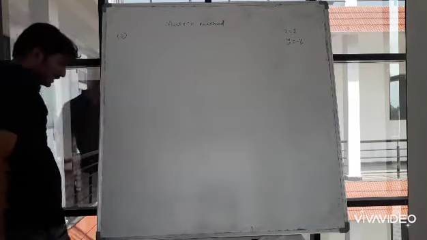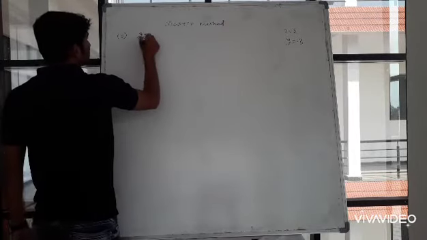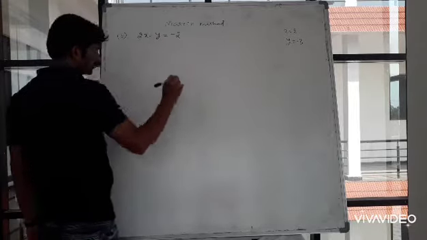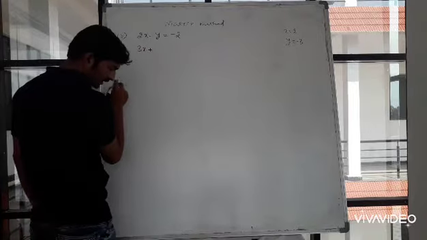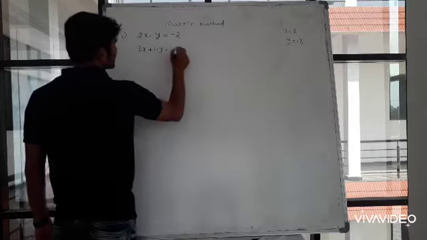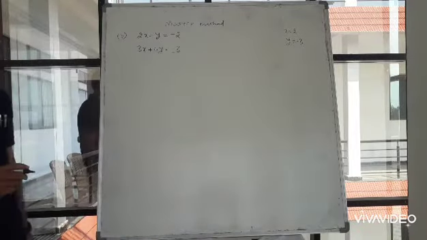Example number 8, it is also the same type. 2x minus y is equal to minus 2. 3x plus 4y is equal to plus 3. It is also a 2 cross 2 matrix.